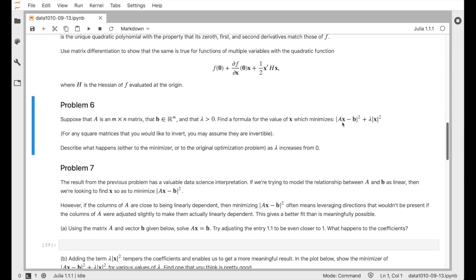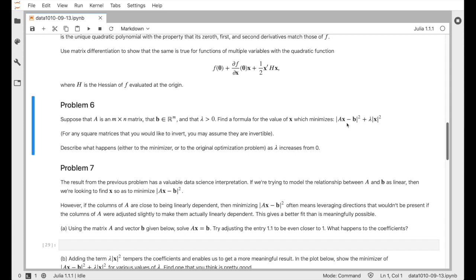But when we put the lambda magnitude of x squared in there, it changes things because that influences x to try to get small. So its coefficients need to be smaller. If it wants to have really big coefficients to make Ax be close to b, this term is telling it, don't do that. Be more realistic, have some smaller values, and still do your best.